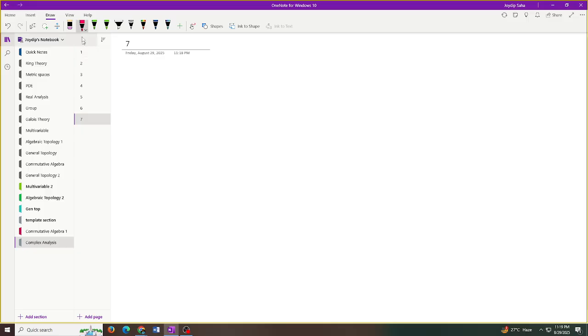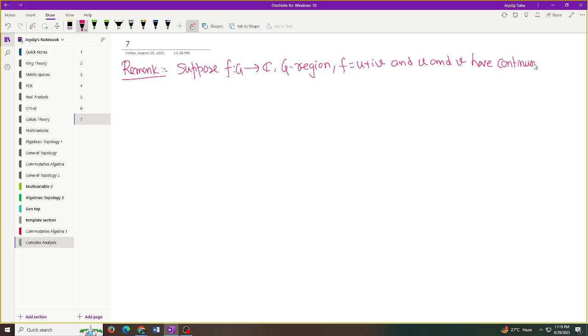Remark: suppose f from G to C, G a region, and u and v have second partial derivatives.